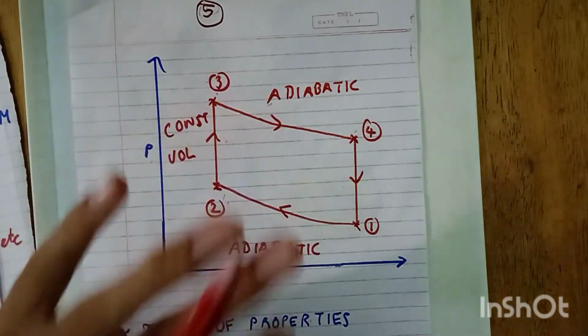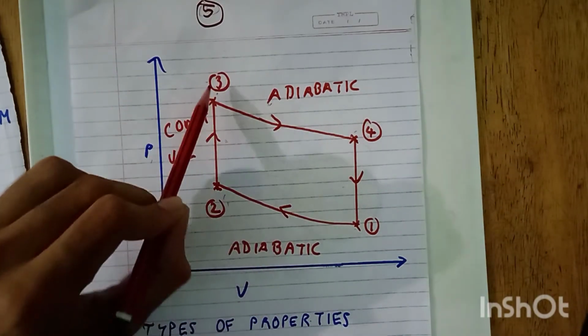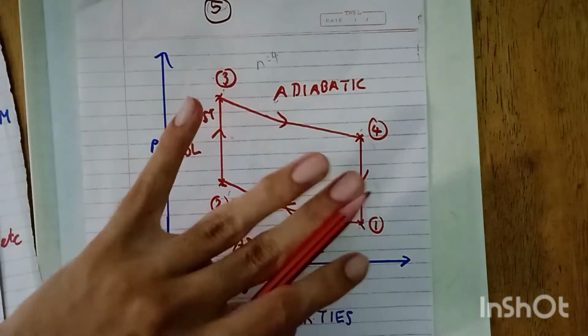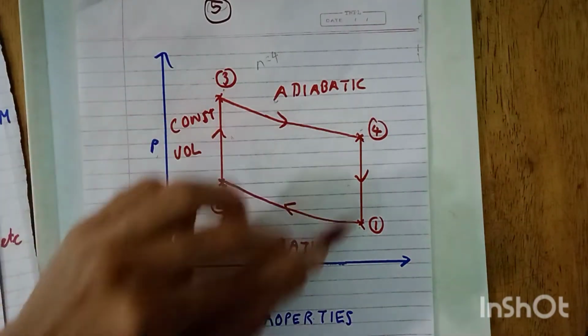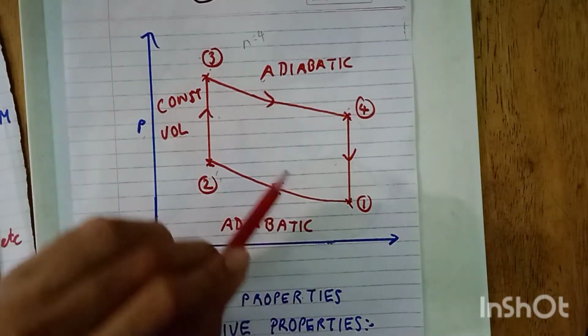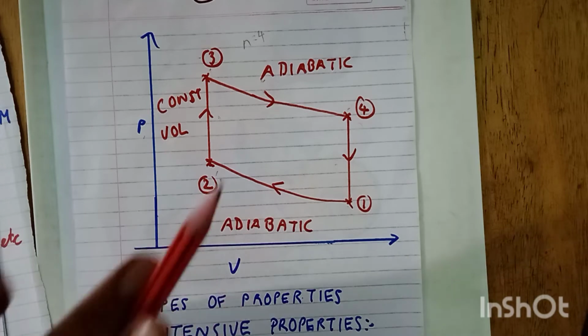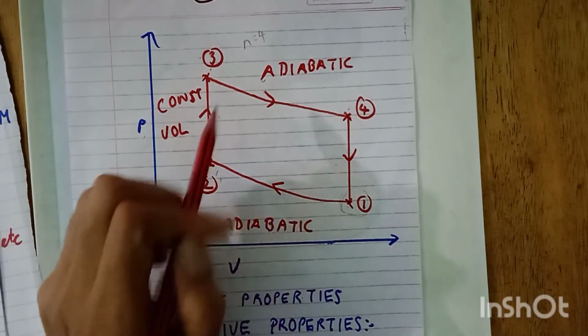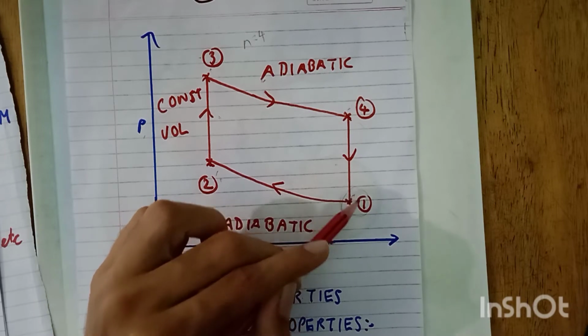That is what they mean by a series. Series means n number of times. Here n is equal to 4. In one cycle, 4 times the change of state is taking place. The condition is that the final state we get after a whole cycle should be identical to the initial state.